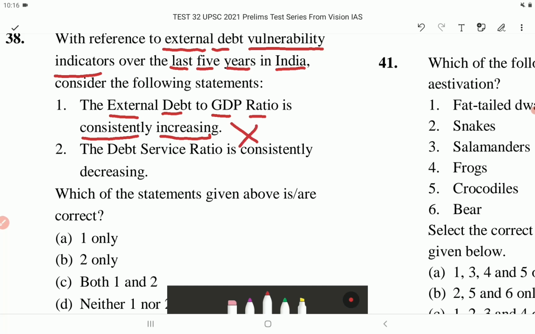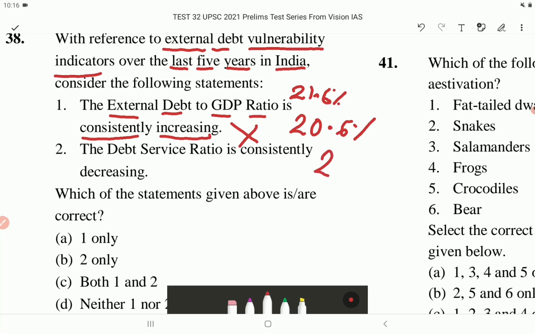India's external debt to GDP ratio rose marginally to 21.6% at the end of September 2020 compared to 20.6% at the end of March 2020. However, there is no consistent trend.